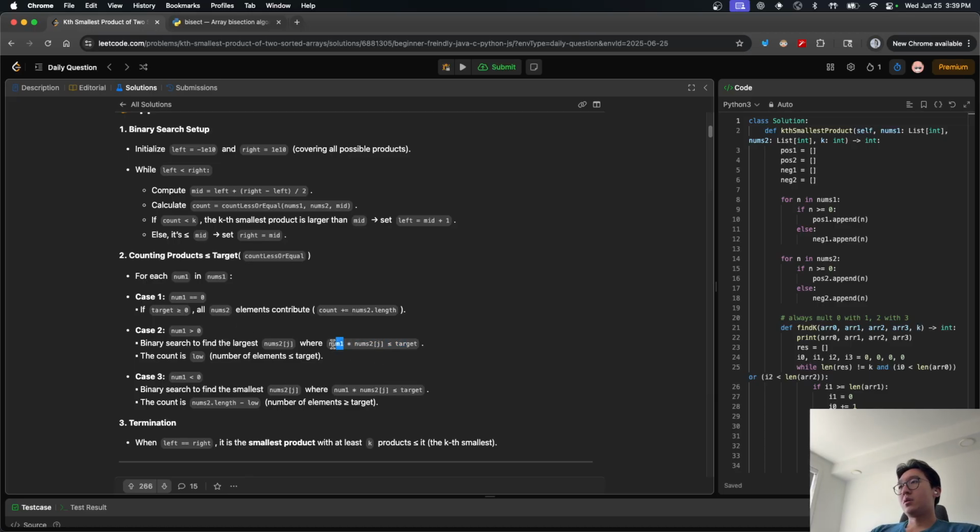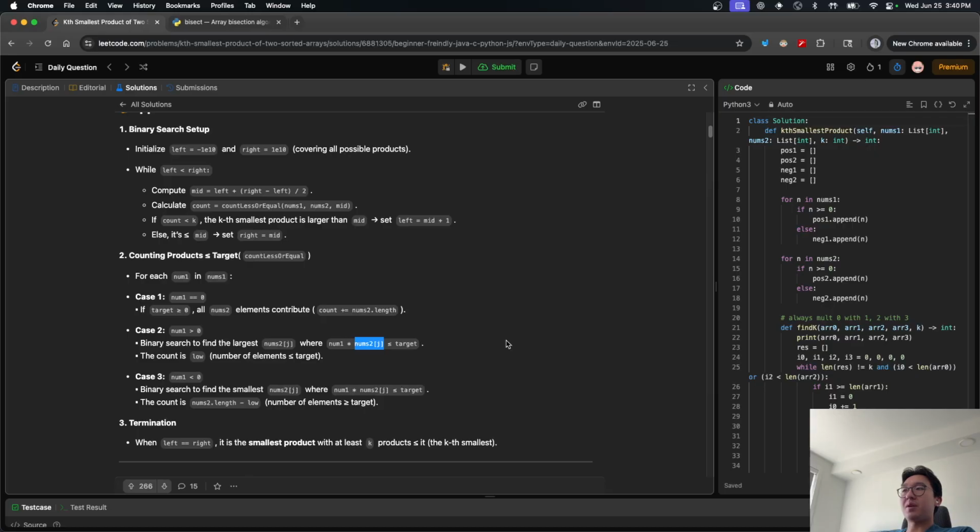Yeah. So we're checking every single number in nums1, and then we try to find the matching product that will get us to the target. And in this case, we want to get all the numbers.